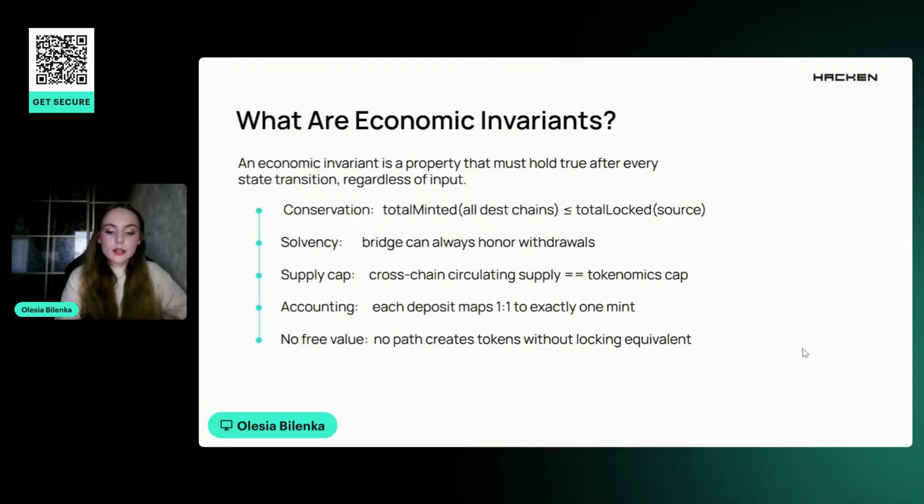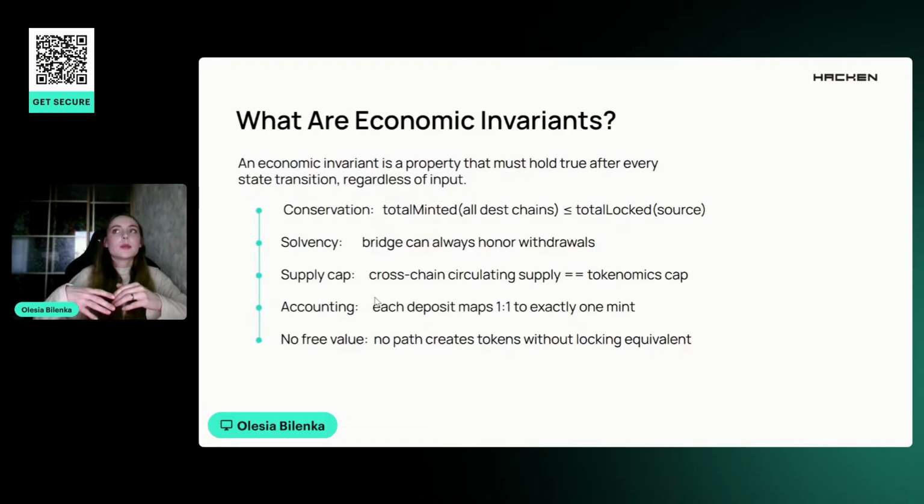The first one is conservation. So total minted on the destination chains should not exceed total locked on the source chain. Solvency is the ability of the bridge to allow users to bridge their tokens back. The supply cap means that the sum of supplies on all chains should be equal to the tokenomics cap.